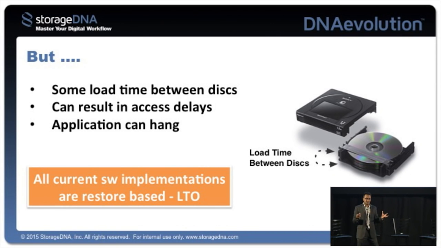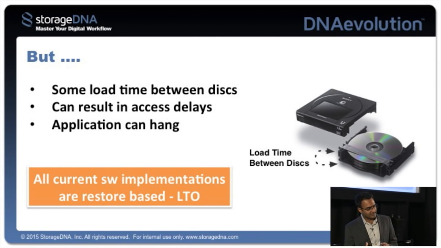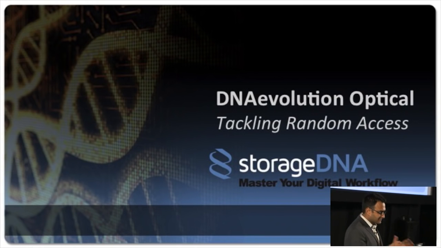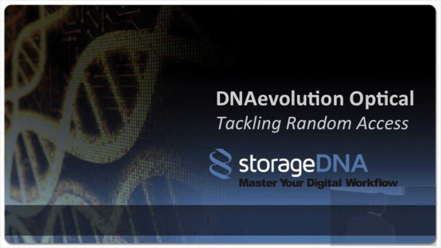So one of the first things we had to figure out is how to make a medium with multiple layers of disks work in a way that an end user can find the interaction meaningful.